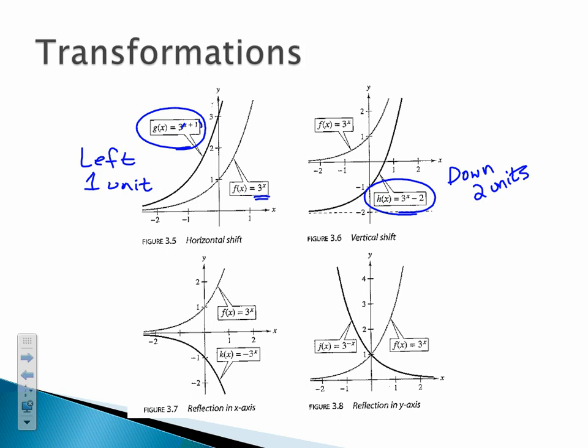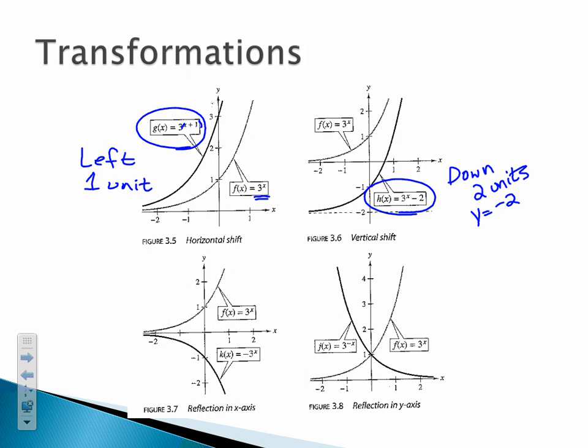My asymptote changes. Normally in the parent function, the asymptote is the x-axis. But if my whole function gets shifted down 2 units, my asymptote gets shifted down 2 units as well. So the asymptote of this function would be y equals -2, because it's shifting down just like the graph.